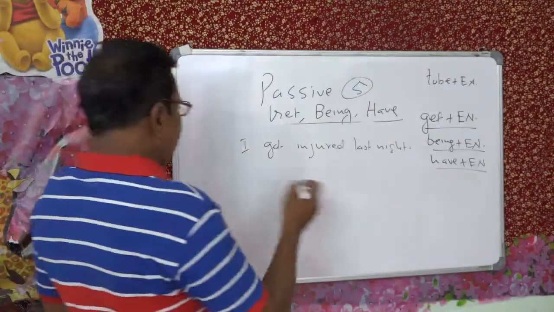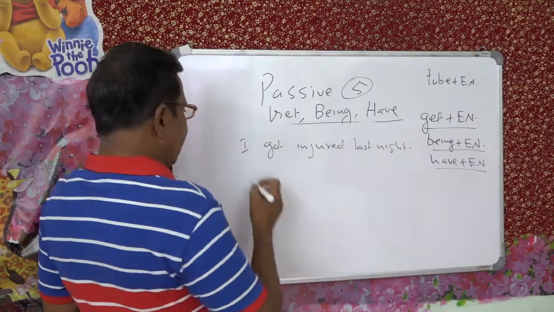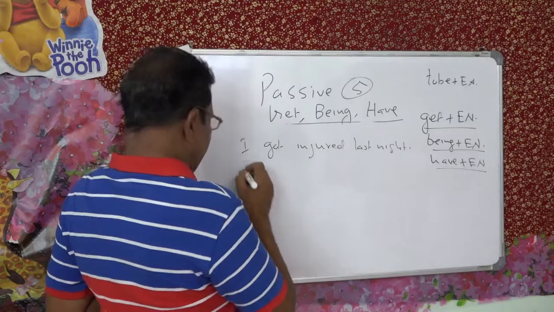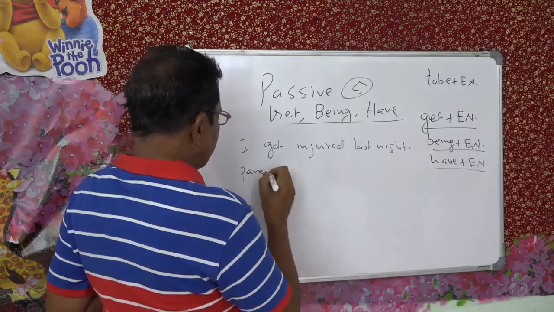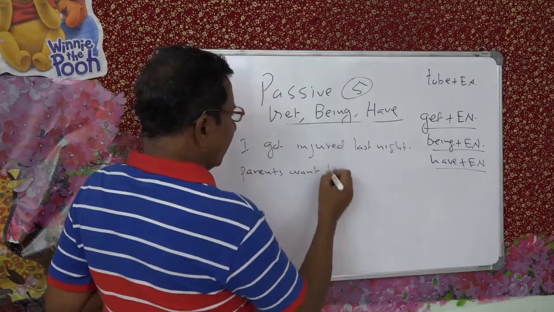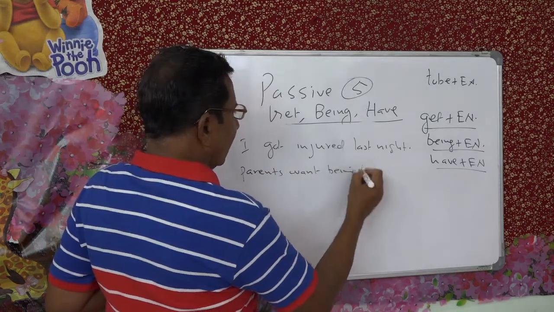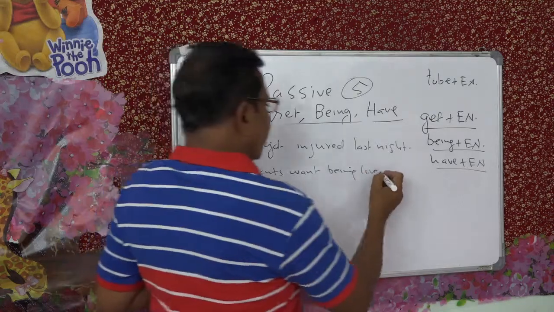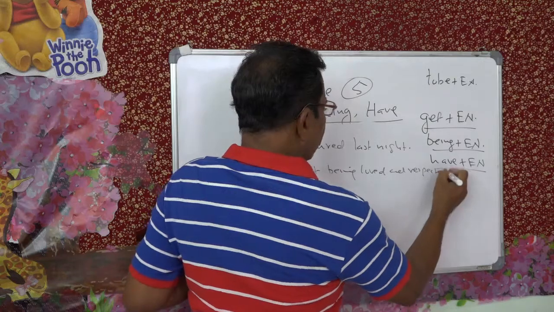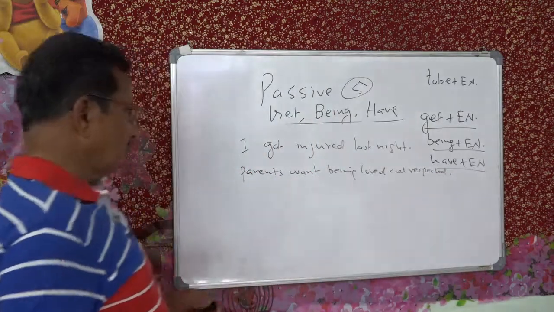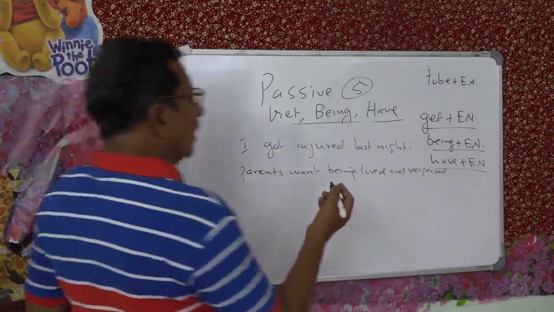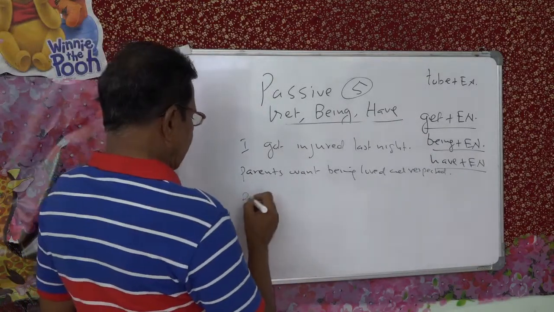Then what is being? You can say our good old example. Parents want being loved and respected. Then the third is have.